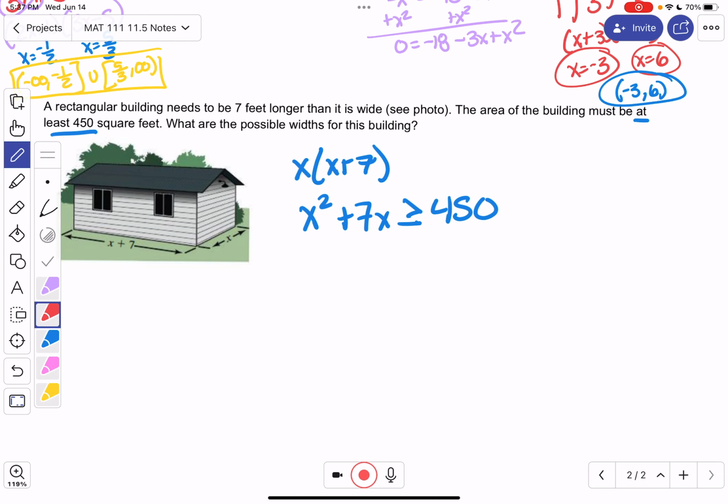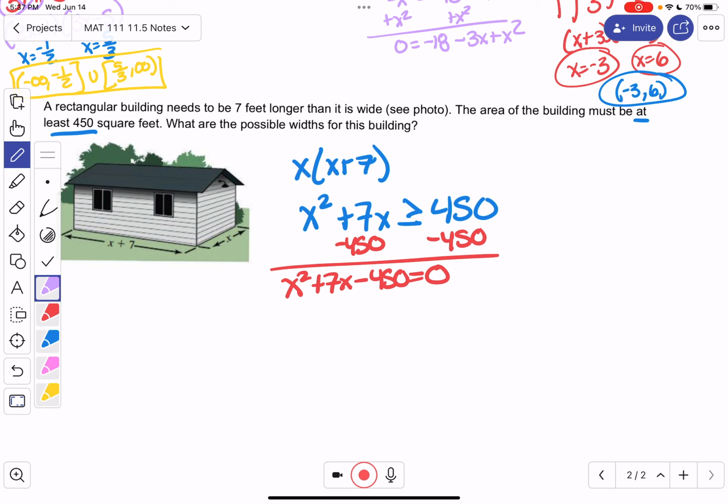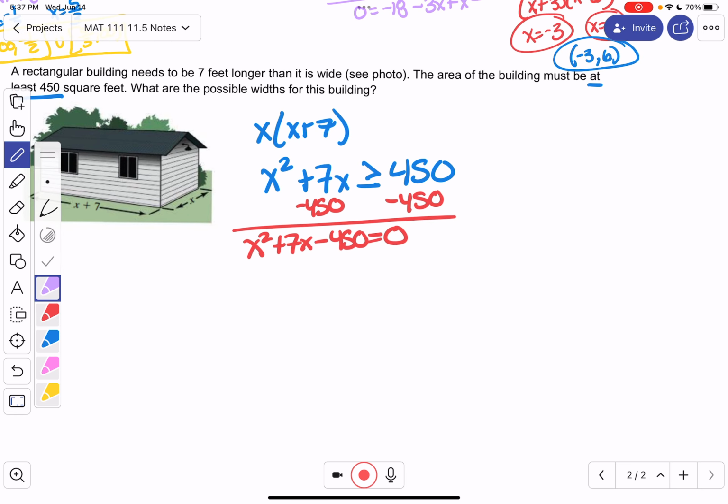So same thing, we're going to solve this. Subtract 450 from both sides. x squared plus 7x minus 450 equals 0. I could tic-tac-toe if I wanted to deal with the factors, but I don't. So I'm just going to do the quadratic formula. Negative B plus or minus the square root of B squared minus 4AC all over 2A.